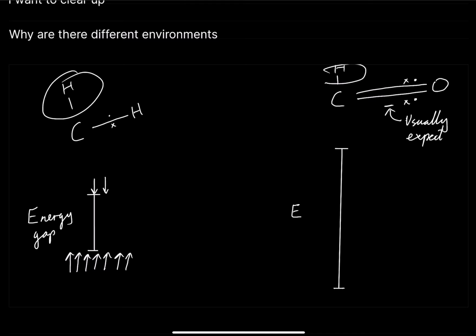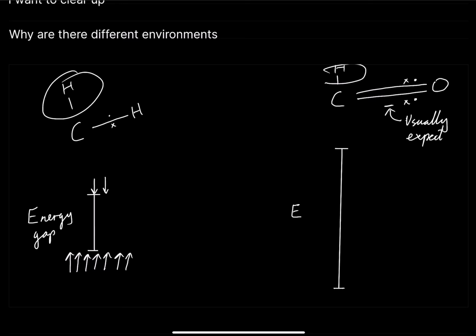What I mean by that is that the less shielded the nuclei is on the hydrogen, the larger the value, or the higher the chemical shift. Why? Because what affects the chemical shift is the energy gap. Here we've got one energy gap, and this is another energy gap.